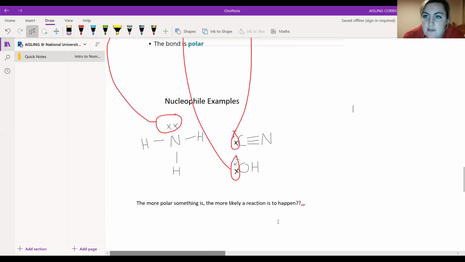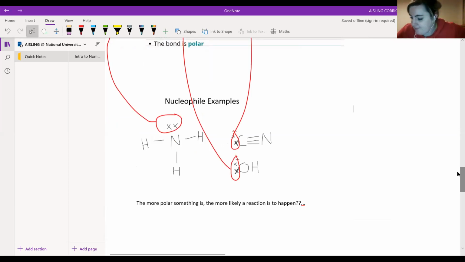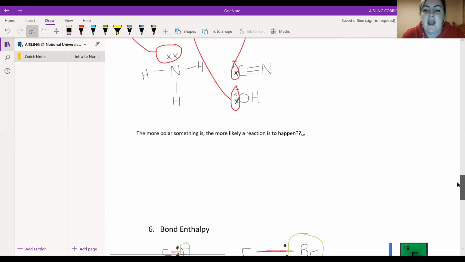What is it called? Can you say it before I do? Bond enthalpy. Bond enthalpy is more influential, it's a bigger deciding factor in why something is more reactive.